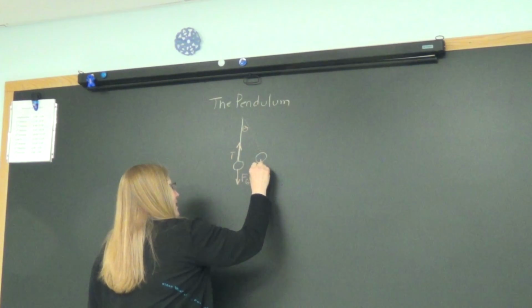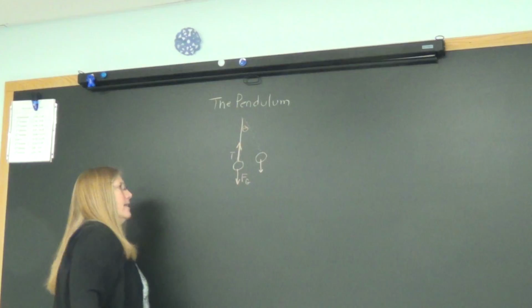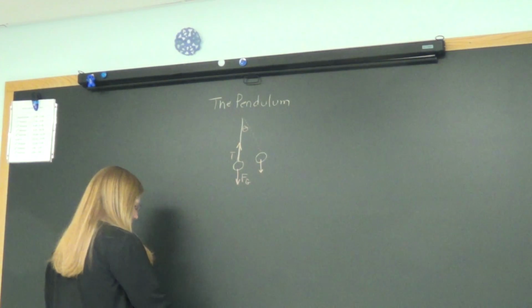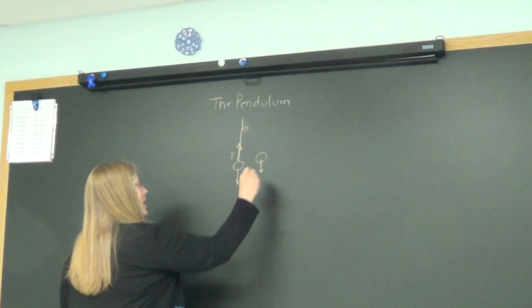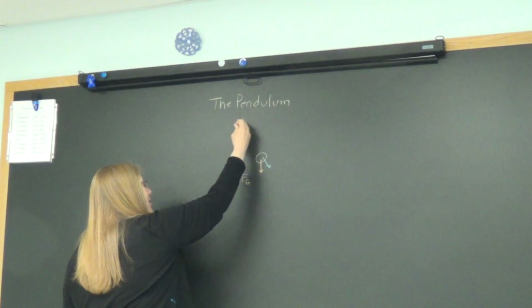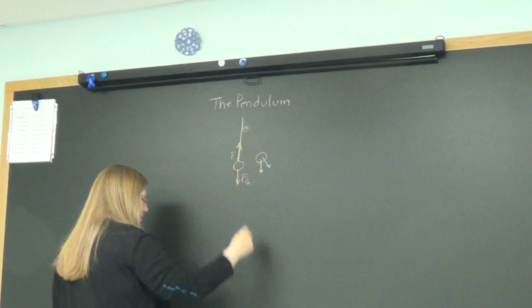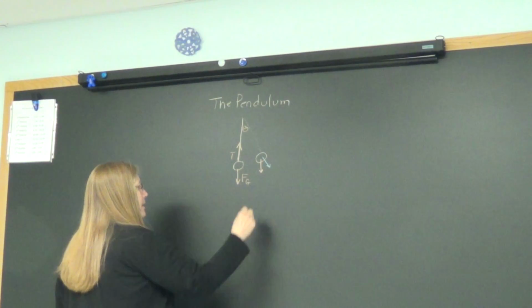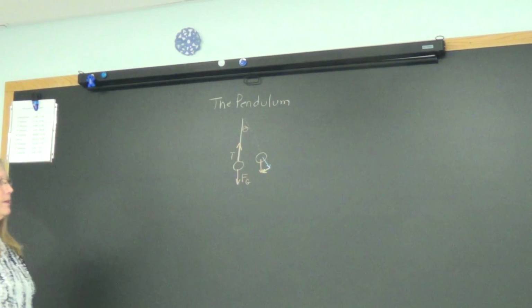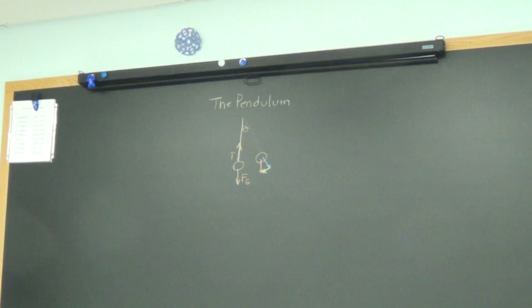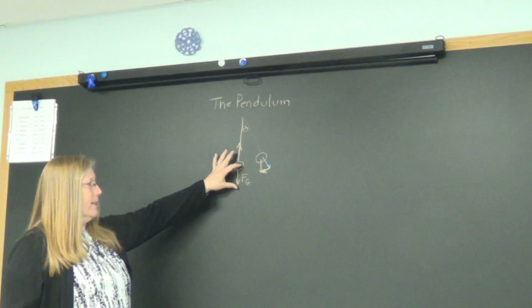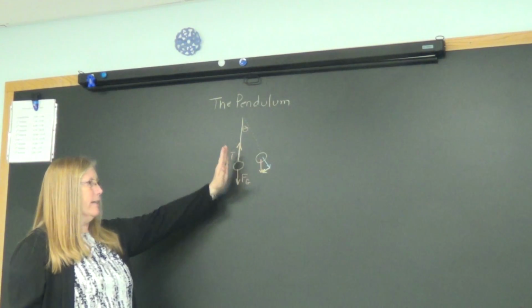It's still straight down, but now it creates, at this point I'll switch colors, a component that is the same angle as the string, and a component that is pointing this way. So if I take the force of gravity, here there are no components like that because it's completely vertical.